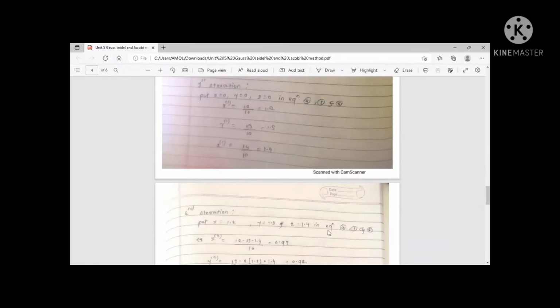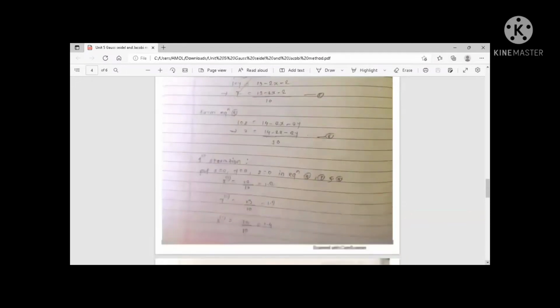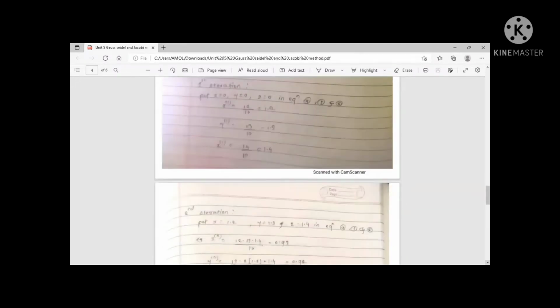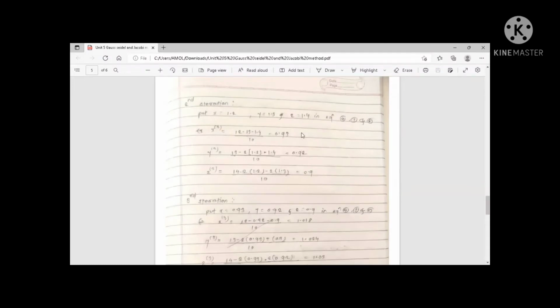Now you put all the values in equations 4, 5, 6 so that you will get the values of the second iteration. X is 0.93, y is 0.92, z is 0.9. So these are the values of the second iteration.